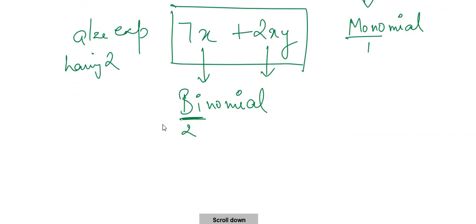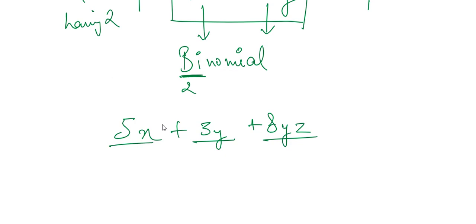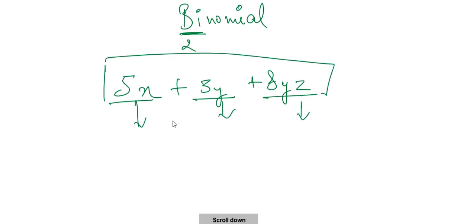And if you have something like 5x plus 3y plus 8yz, which you can't add, since all are unlike in nature, you would be having three terms in your algebraic expression. So three means trinomial. Seems clear?